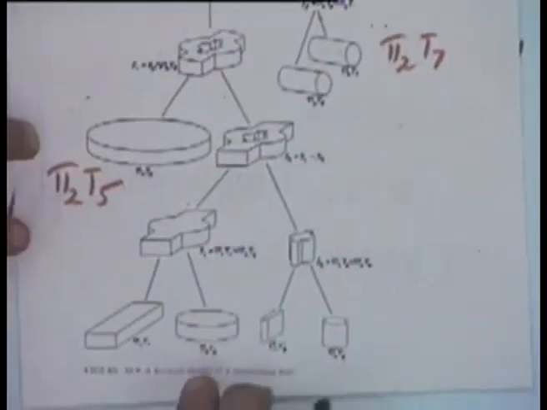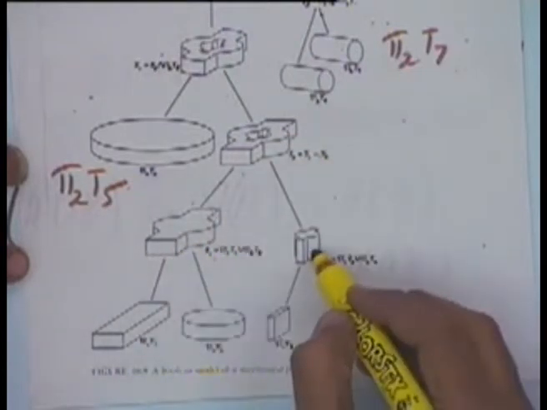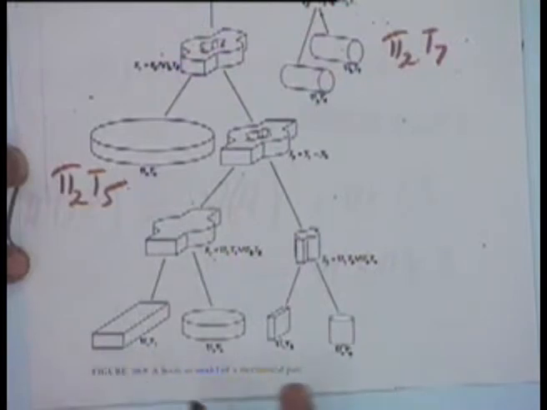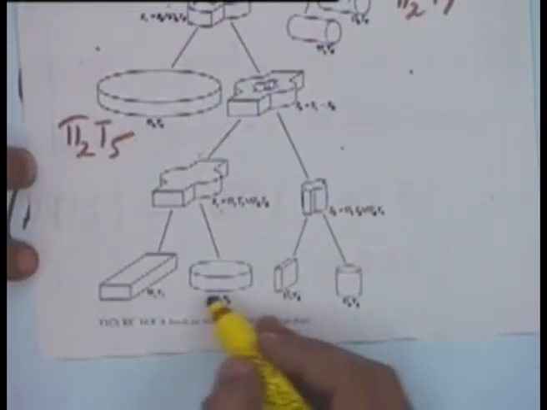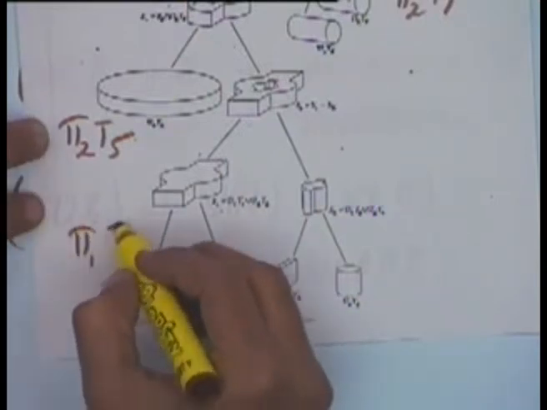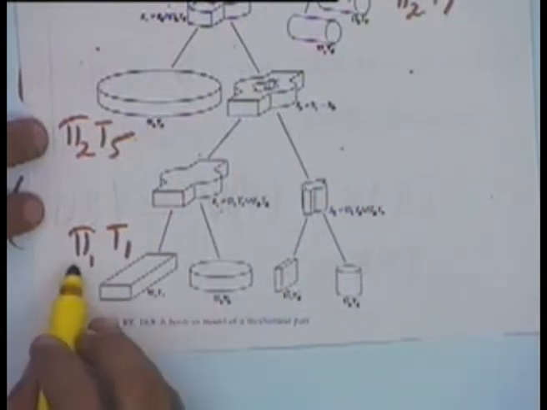And we will continue further. This object is made by taking this object and its difference with this. And again, this object is made by taking this block and a disk and the union. This block is written as pi 1 T1. Pi 1 is a primitive which is a cube, unit cube.